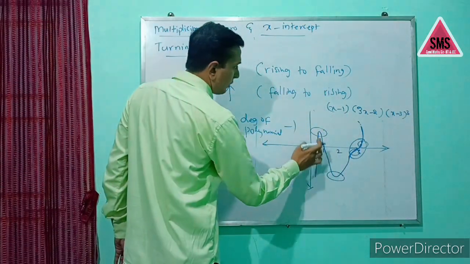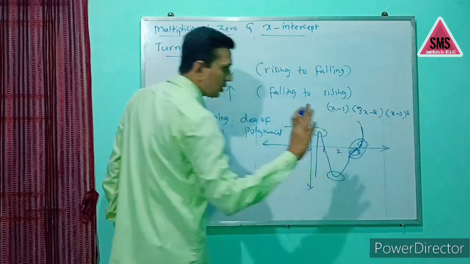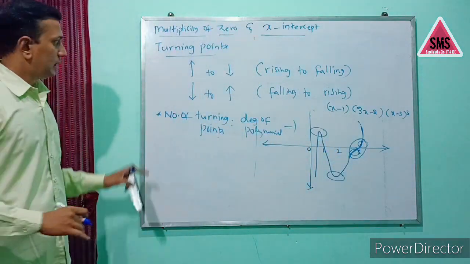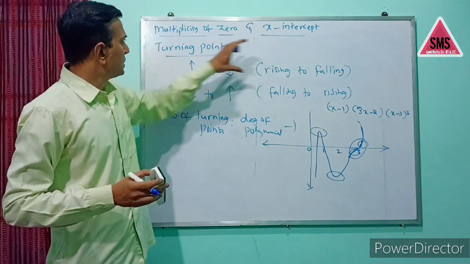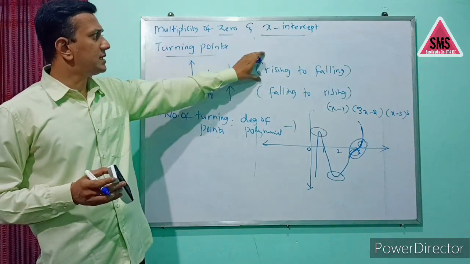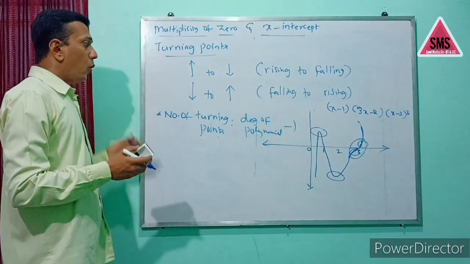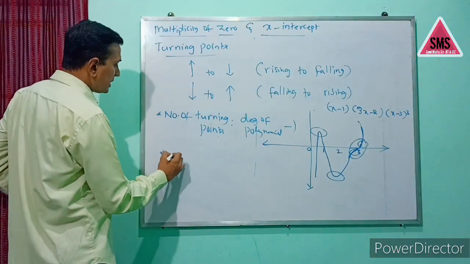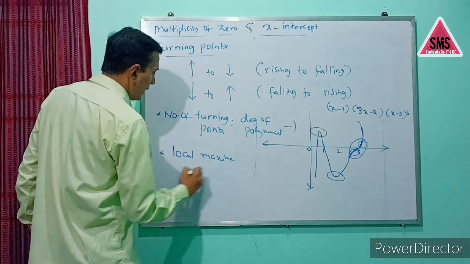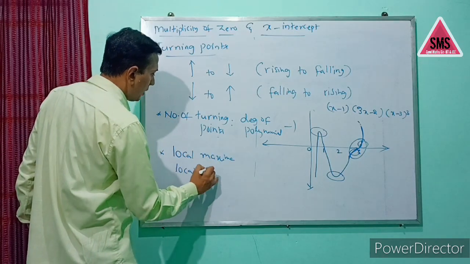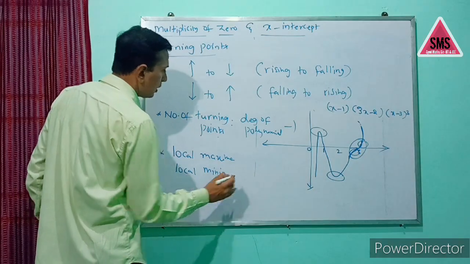So 5 minus 1, that is 1, 2, 3, 4, totally 4 turning points. I was discussing that whenever we have a turning point, it is deciding rising to falling or falling to rising. What will it decide? It is deciding the local maxima and local minima.